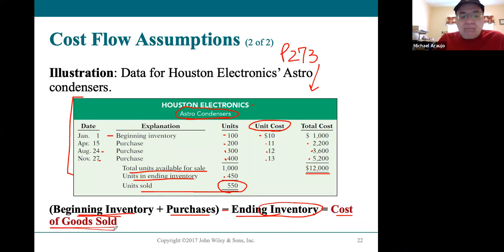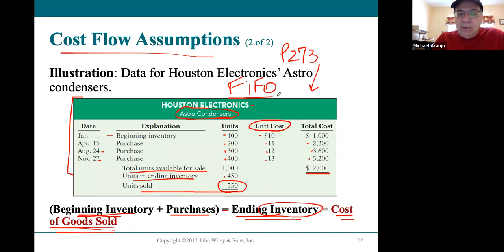Okay. Now, this is where the cost flow assumptions come in. Because the cost flow assumptions will tell us the answer to what the value is for inventory and what the value is for cost of goods sold. So let's say this particular company uses the FIFO method, okay, first in, first out.